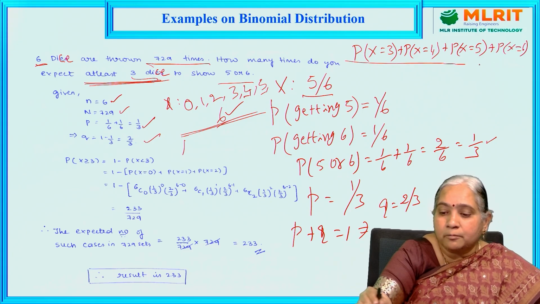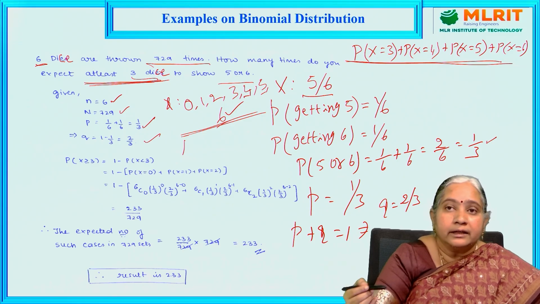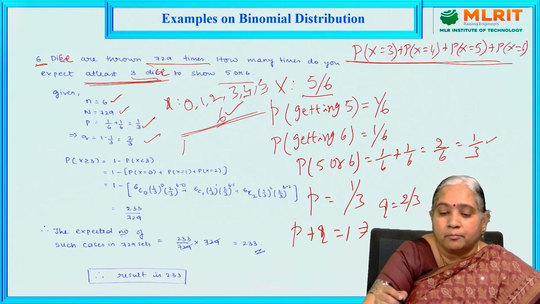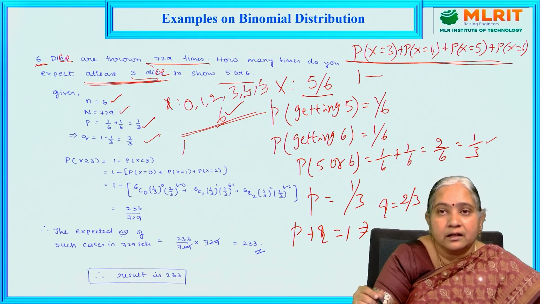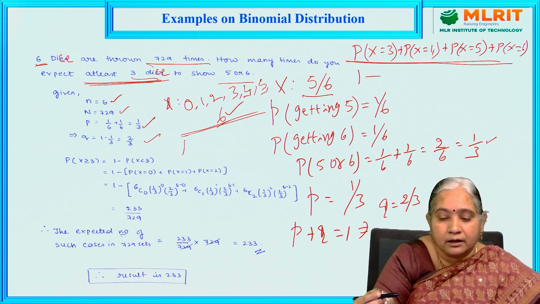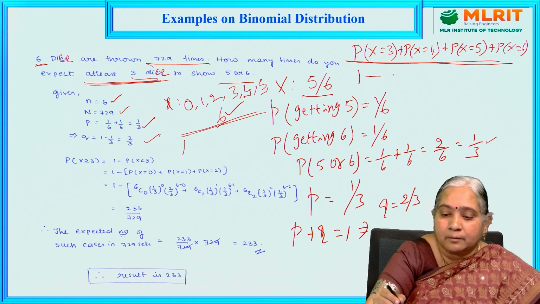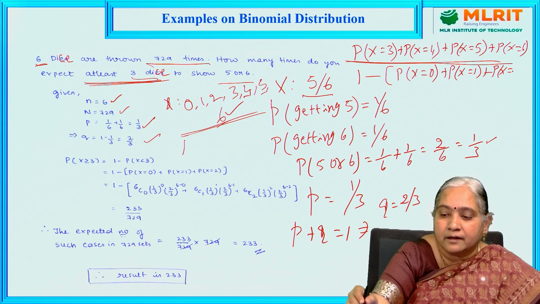So these probabilities we have to find. Instead of finding all these probabilities, we take the total probability 1 minus whatever values are missing, we subtract those values. Probability of X equal to 0 plus probability of X equal to 1 plus probability of X equal to 2.